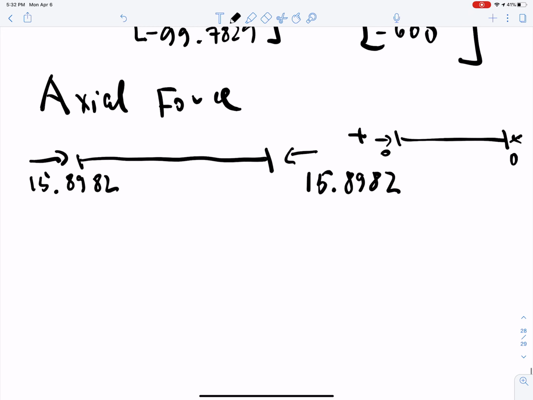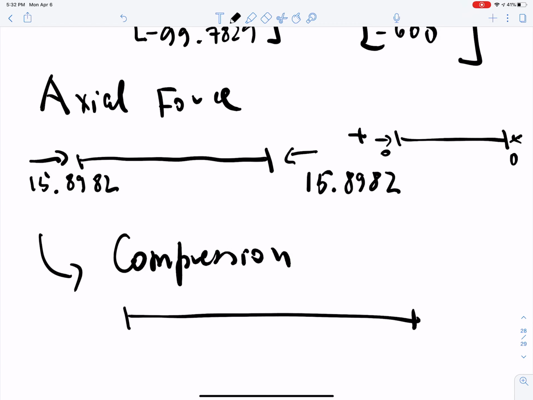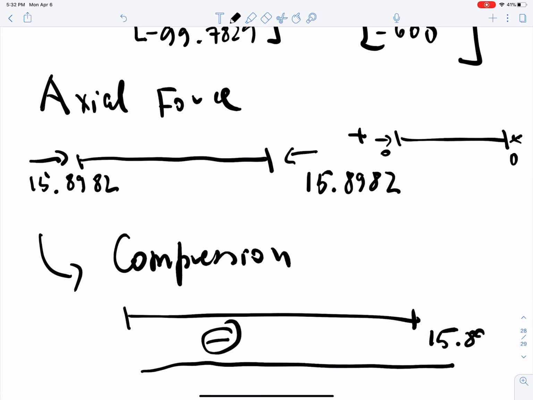Right, so as a result, you conclude that the element is in compression. Minus, right, it's compressed. And the magnitude of compression is 15.8982 kilopounds, like this. Okay, good.